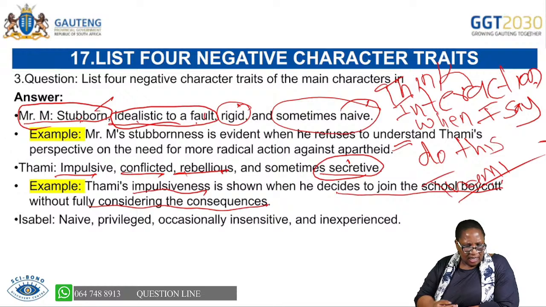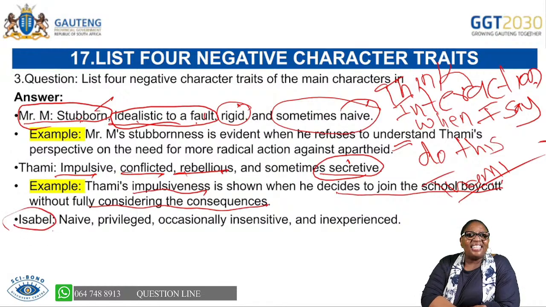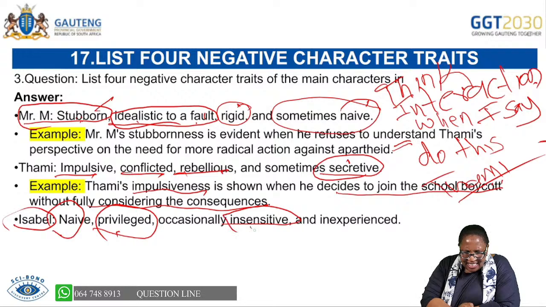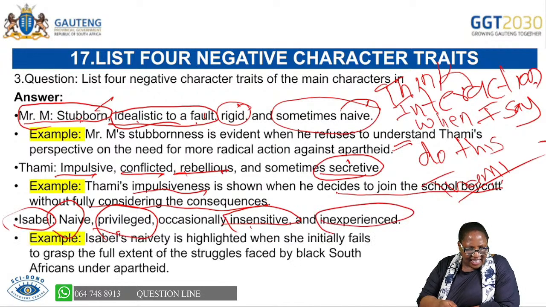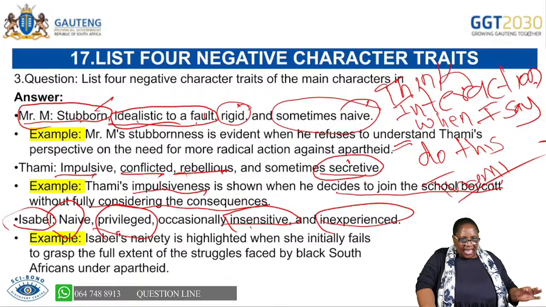What about the beautiful lady Isabel? She is naive, privileged, occasionally insensitive, and inexperienced, and that's a negative on her side.